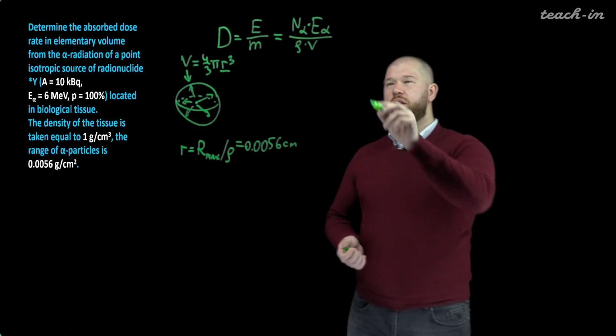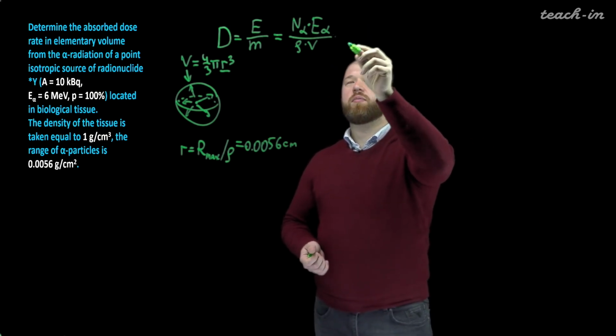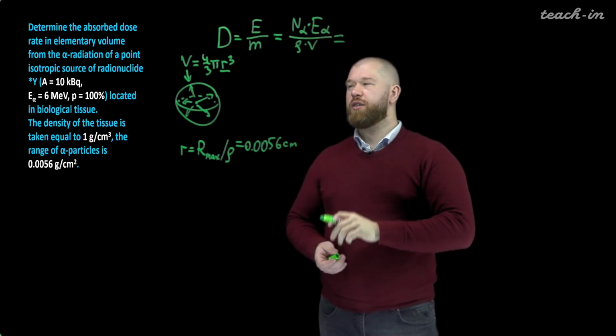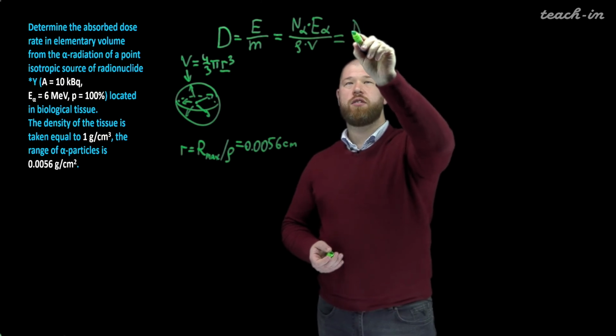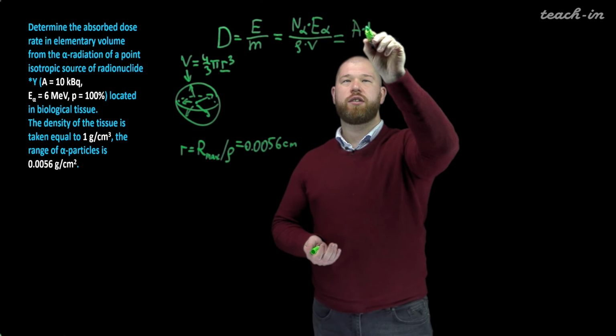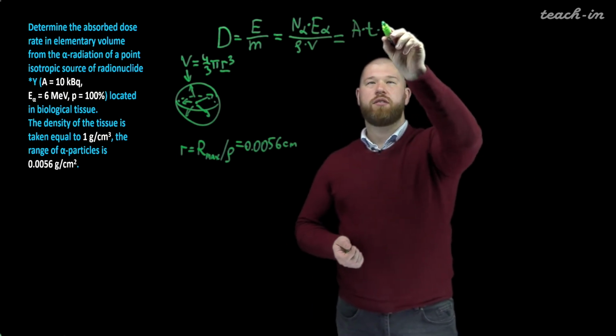So now let's put all this together. What is the number of alpha particles? It is simply the activity of our radionuclide multiplied by the time of the observation, and that's it.